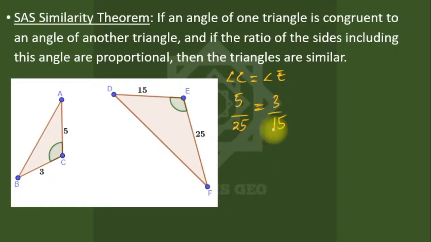So it implies that triangle ABC is similar to triangle DFE, by which theorem or postulate?